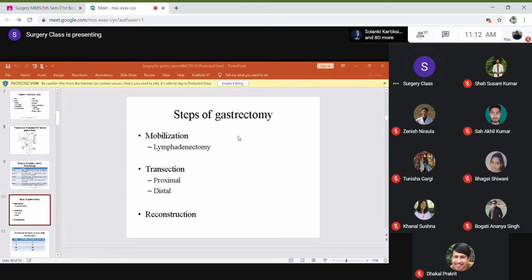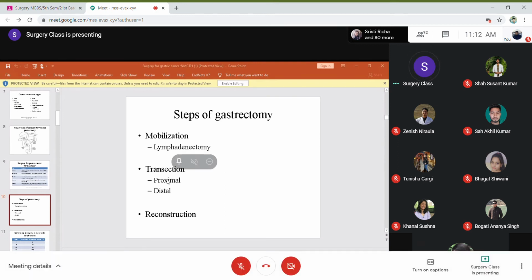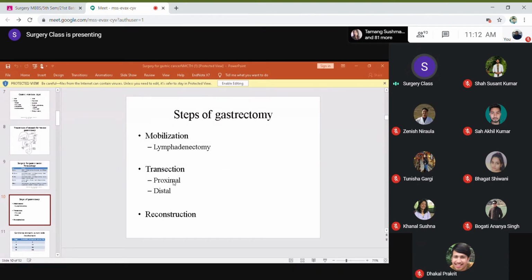Billroth 1 is the type of anastomosis. It is not the type of surgery. Many times the students mistake it for the type of surgery. If you say I'll do a Billroth 1 surgery for carcinoma stomach, that is wrong.